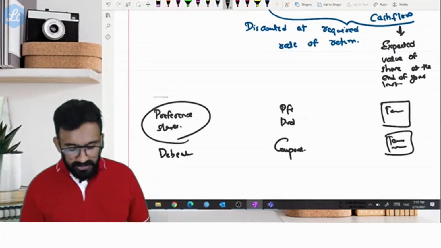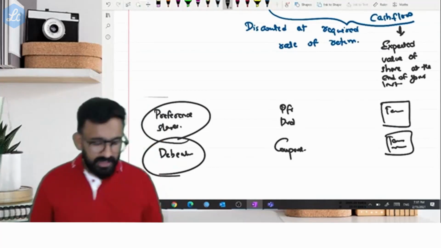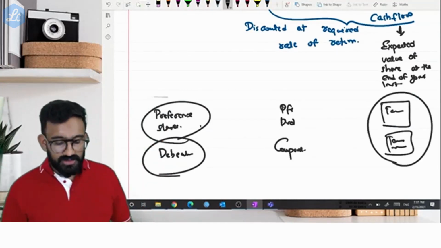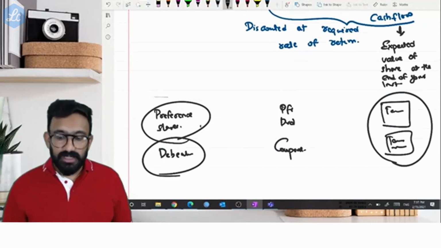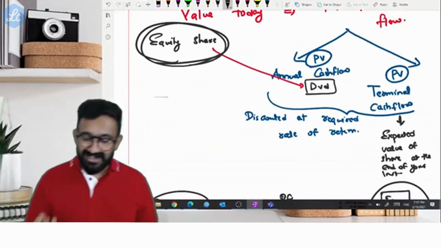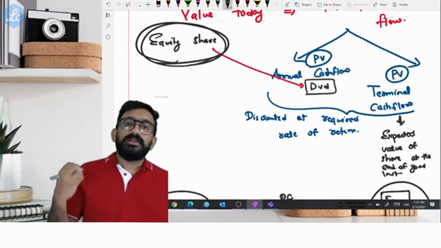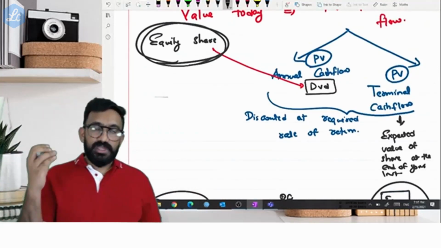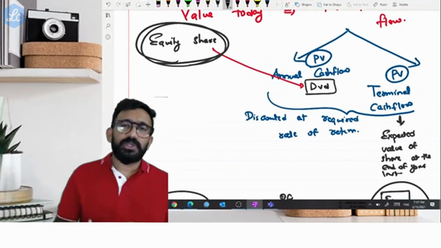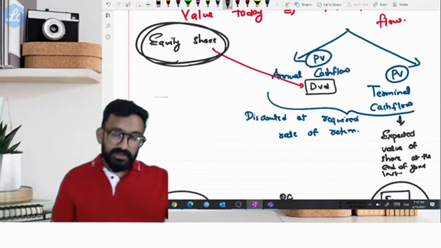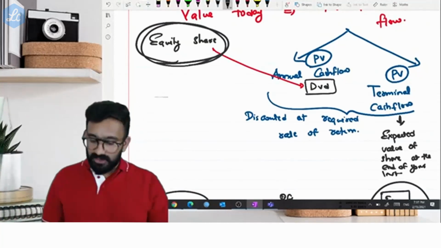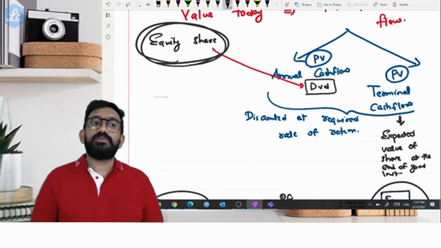So in the case of preference shares and debentures, we almost know that at the end of the period, more or less this is going to be either redeemed at a discount or at par. But when equity shares are issued, there is a general understanding that when you are investing in an equity share, you don't have something called redemption. So this could be invested forever also. Okay, there is an idea that this equity shares investment will be forever.